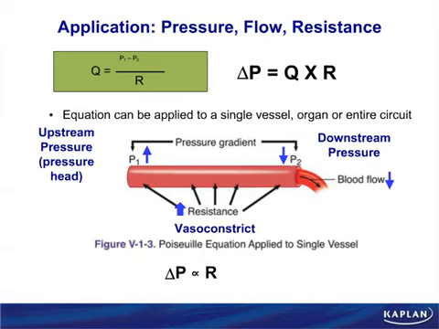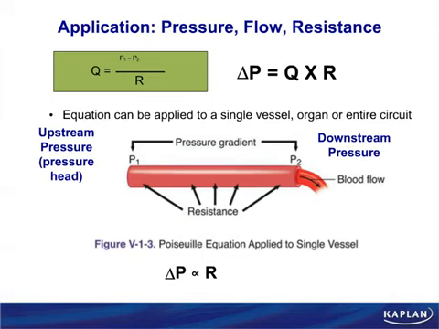So the bigger the resistance, the bigger the pressure drop. When we see a big pressure drop, then we know we have a big resistance. And that's key. We don't even have to do a calculation. You see a big pressure drop, you know you have a big resistance. Big key.